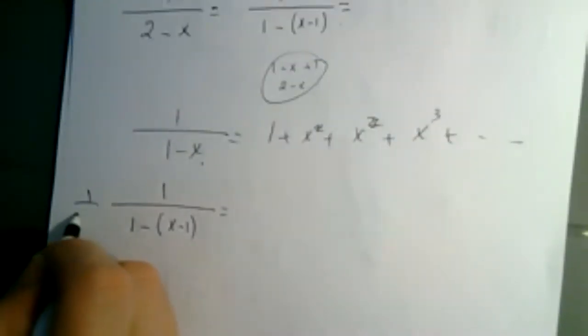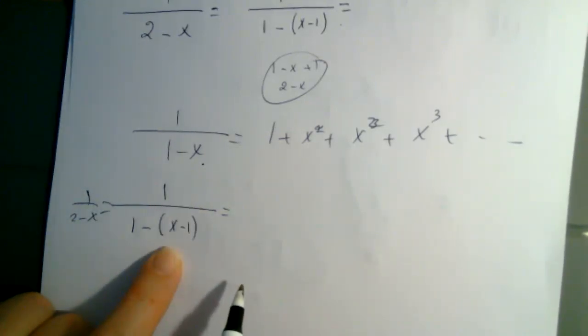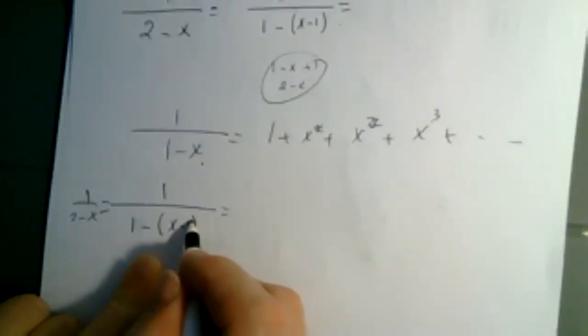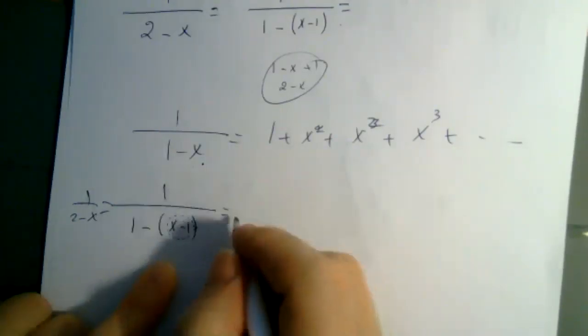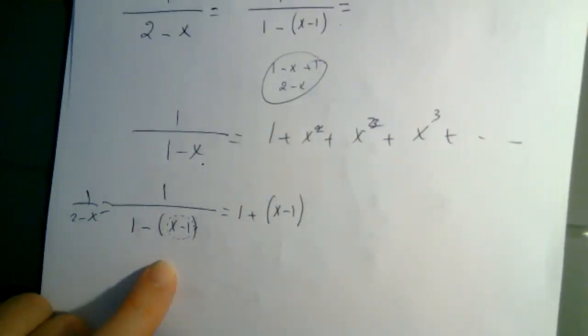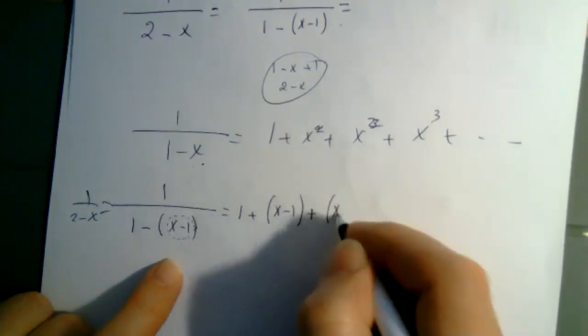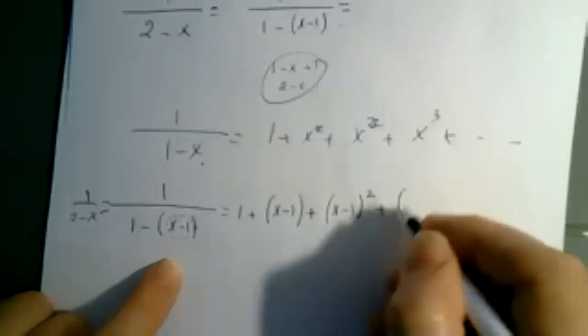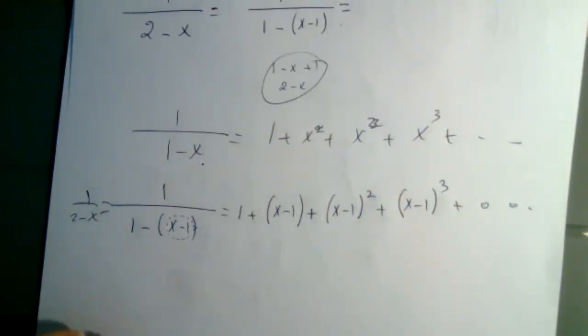So 1 over 2 minus x equals. According to Jordan, I should substitute x minus 1 for x. So this is going to give me 1 plus (x minus 1) plus (x minus 1) squared plus (x minus 1) cubed plus so on. What he said was correct, but I'm going to tell you what happens if I follow him verbatim.